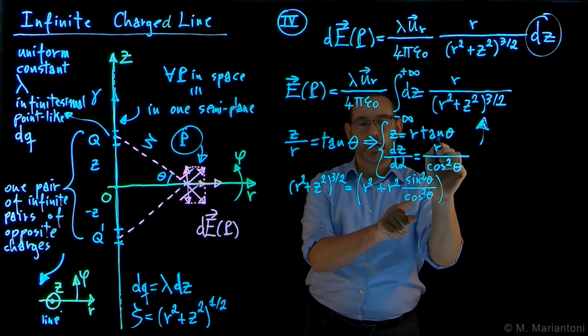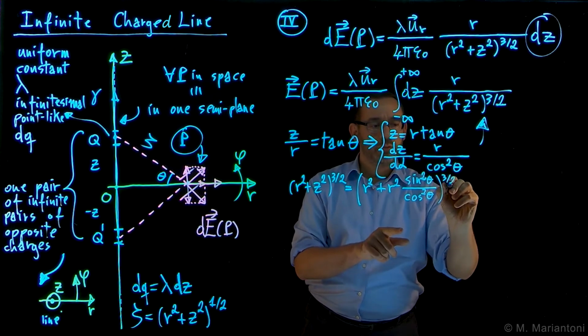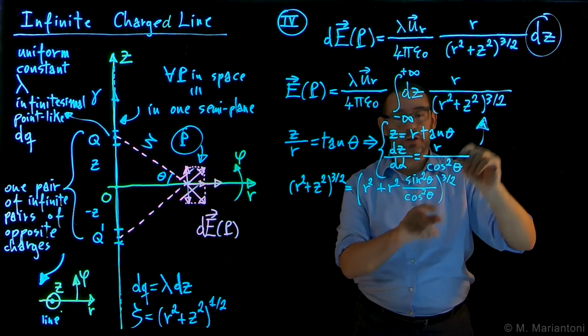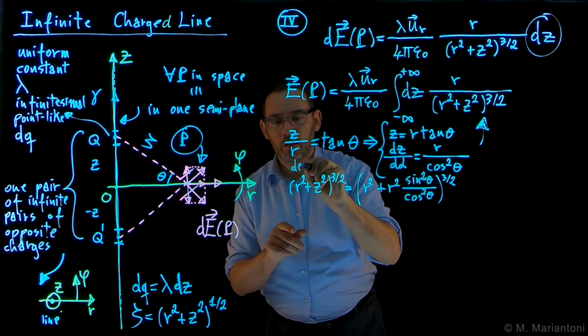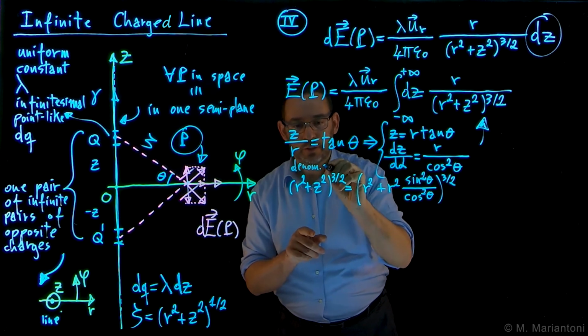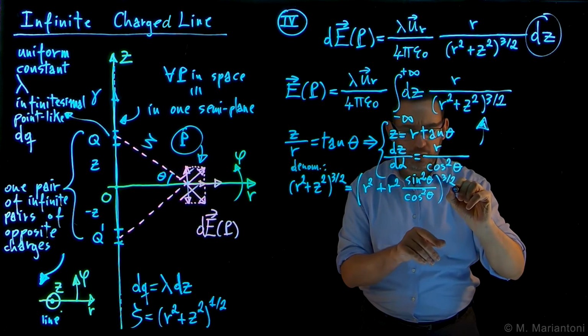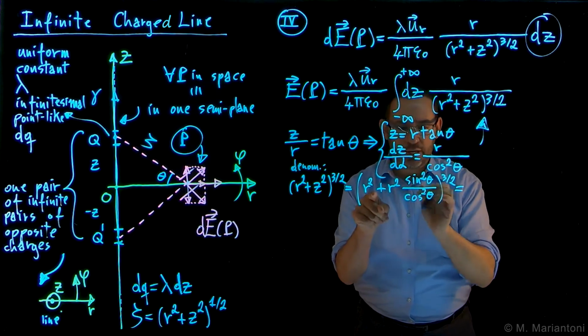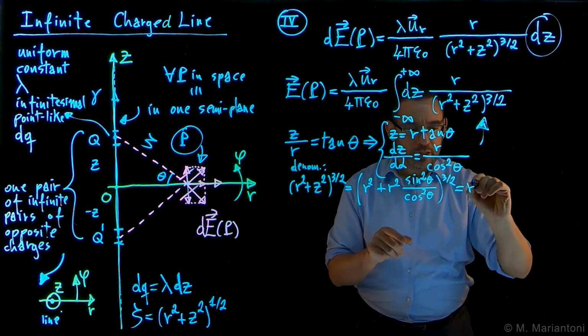Okay, this is the tangent square to the power of 3/2, which again, let's remember, is in the denominator. Let's not forget that. I can factor out r squared, which to the power of 3/2 is r cubed.